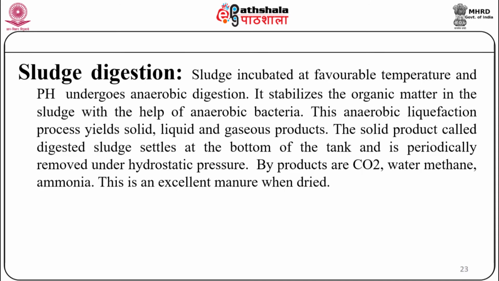The solid product, called digested sludge, settles at the bottom of the tank and is periodically removed under hydrostatic pressure. Byproducts are CO2, water, methane, ammonia. This is an excellent manure when dried up. So the sludge digestion process produces excellent manure that can be used for agricultural purposes.